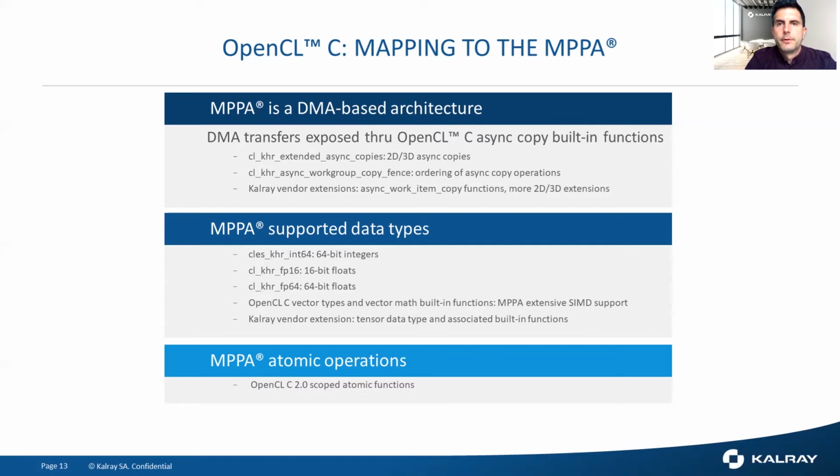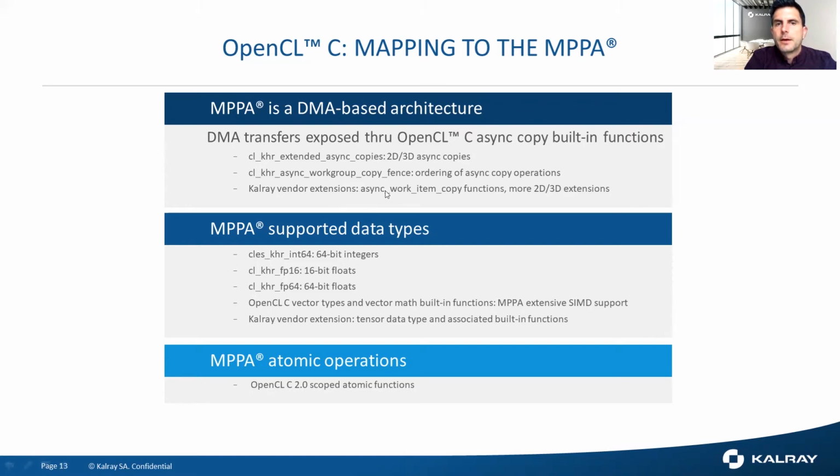Either the default ones, the ones that are part of the default specification, but we also support the lately introduced extensions, so cl_khr_extended_async_copies. These ones are for 2D and 3D async copies. And cl_khr_async_work_group_copy_fence is to give some ordering guarantees between async copy operations. And we have a few Kalray specific vendor extensions that we intend to push to the Khronos working group soon.